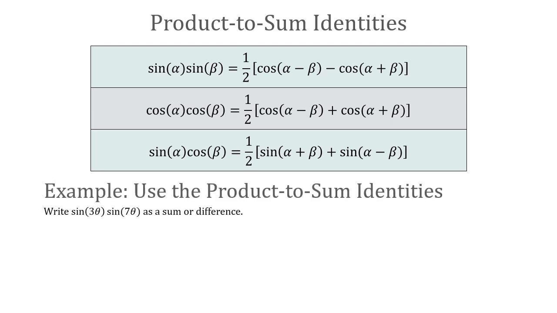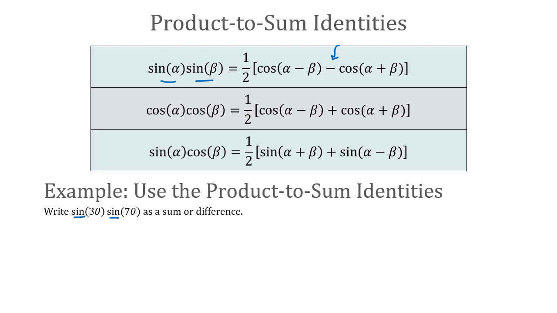The first example says to write the product, the sine of the angle 3 theta times the sine of the angle 7 theta, as a sum or a difference. We have a product of two sine functions, the sine of something times the sine of something else. So we're going to use that first product to sum, or in this case a difference, identity.